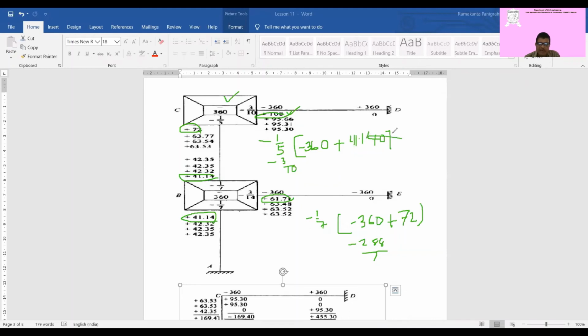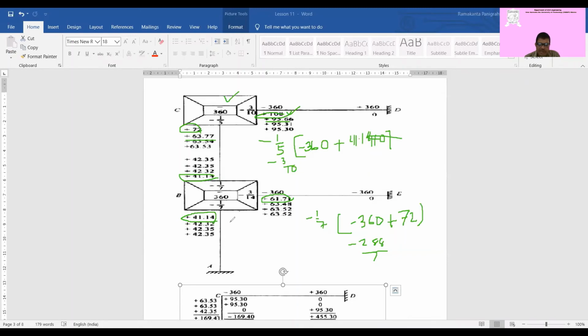Now you see the value will be reduced. So if we subtract 360, 41, it will come around 318.82. So 318.82 by 5, it becomes 63.77. Similarly, if you multiply with 3 by 10, find this value.